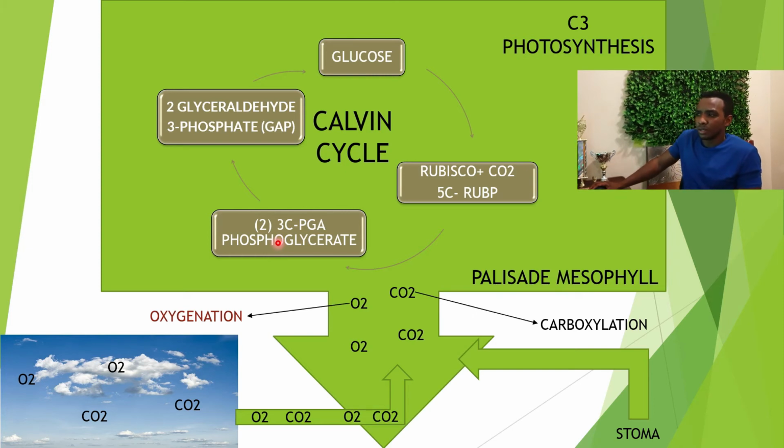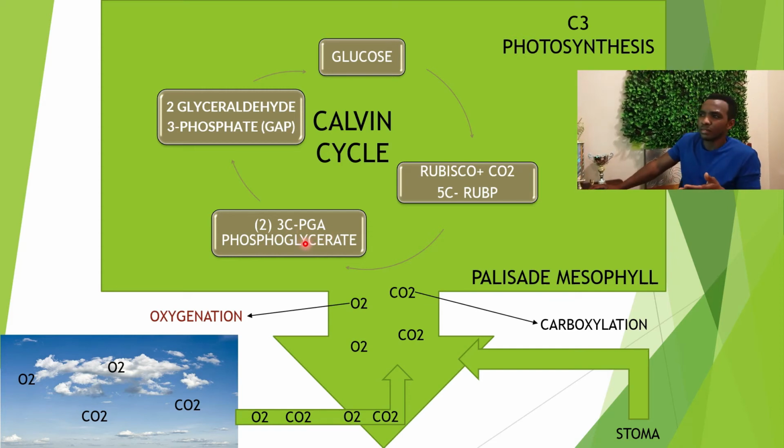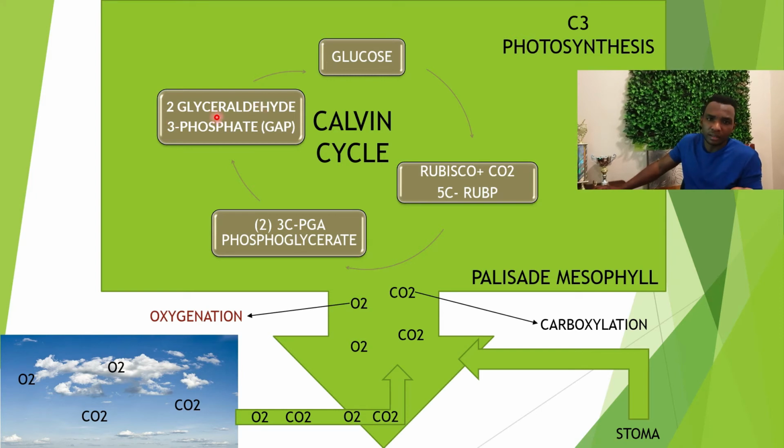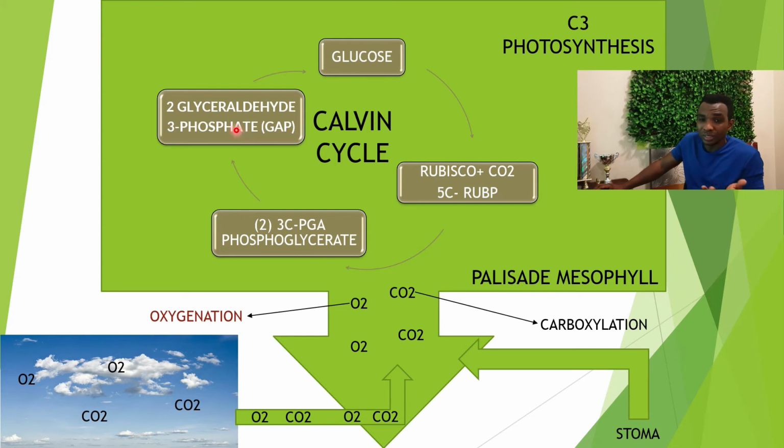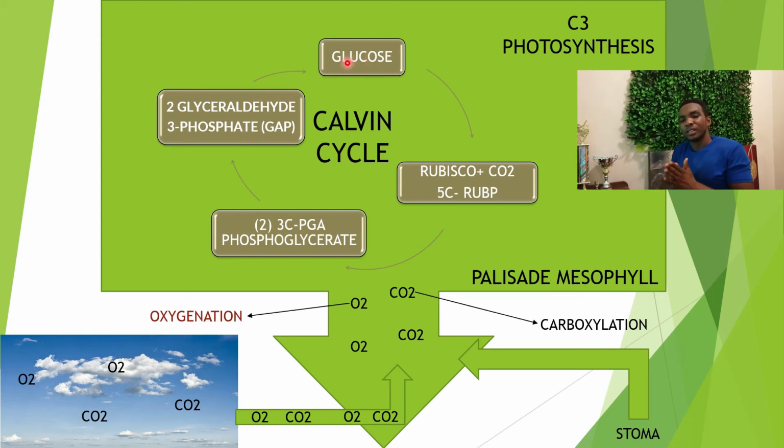Now, the phosphoglycerate, which is the 3-carbon molecule, is further converted to glyceraldehyde 3-phosphate. And this is further converted to glucose, and the glucose is what constitutes the final phase of the Calvin cycle.